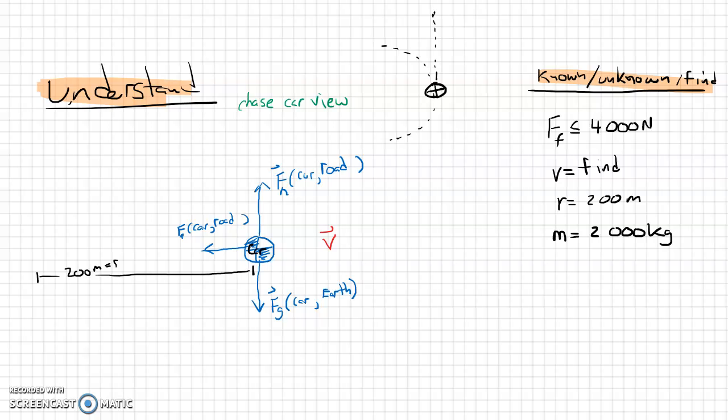But the friction is going to keep it pulled in towards the middle. And this is what's going to provide the centripetal acceleration. The centripetal acceleration is an acceleration that is directed towards the middle of the circle, and sometimes we refer to this as a radial acceleration, because it's along the radius of our circle.